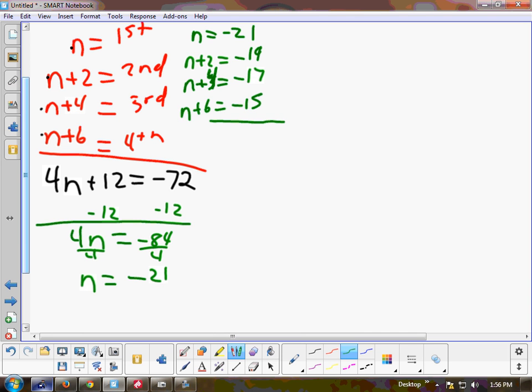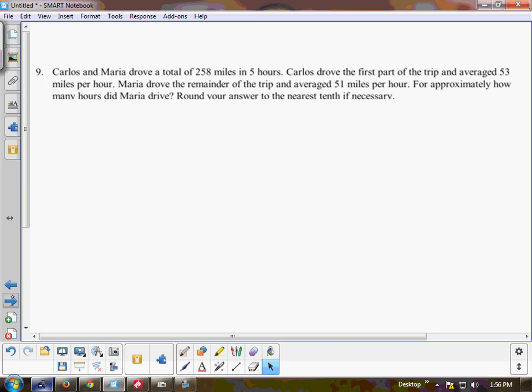Now, if I add all these up, it should add up to -72. So we got 2, 4, 6, 12, -72, and it checks. You still have to write out your answer in a complete sentence to get full credit for the 5.